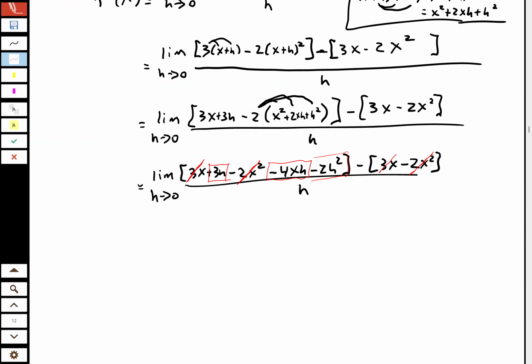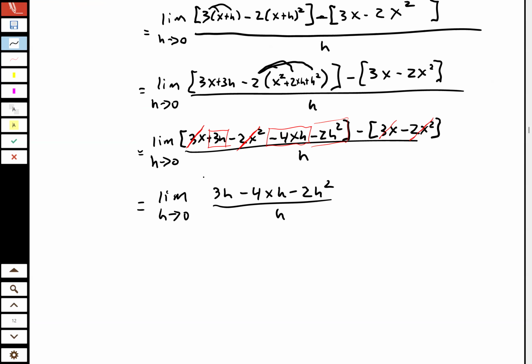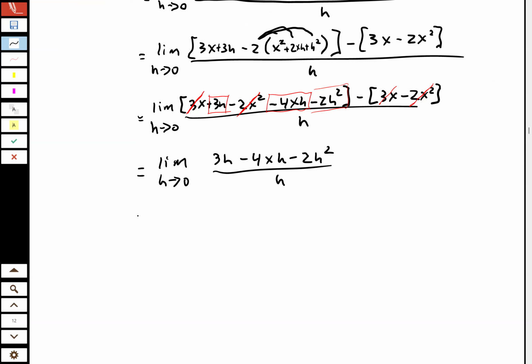All of these pieces have h. Let's write what's left over. And then let's simplify further by dividing each of these components by h. 3h over h becomes 3. The h's cancel, because they all have this h.